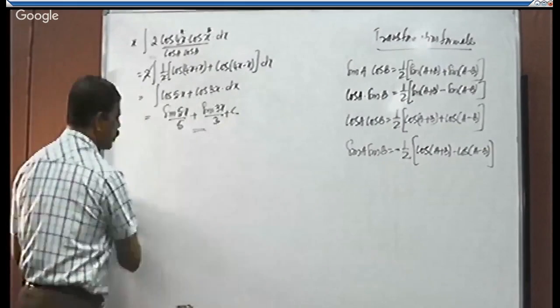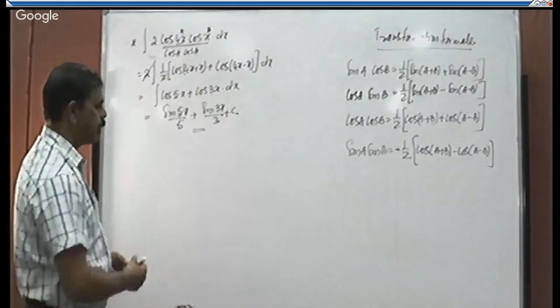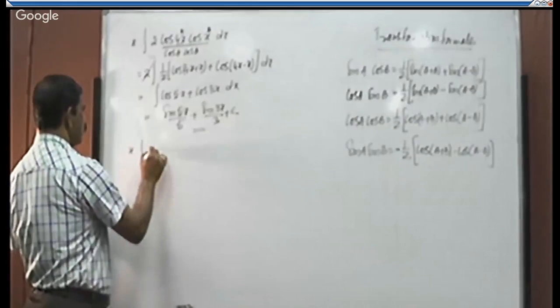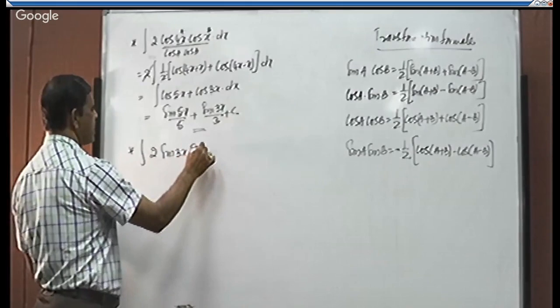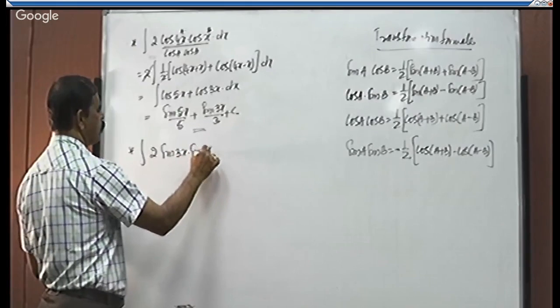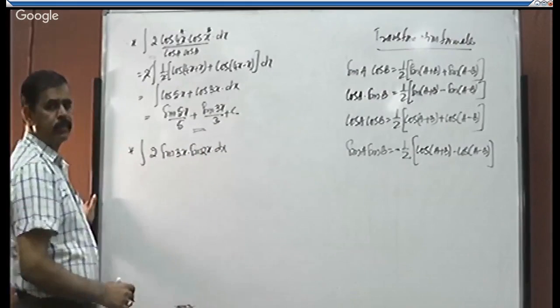Suppose both are sine, like 2 into sine 3x into sine 2x dx. It is of the last form.